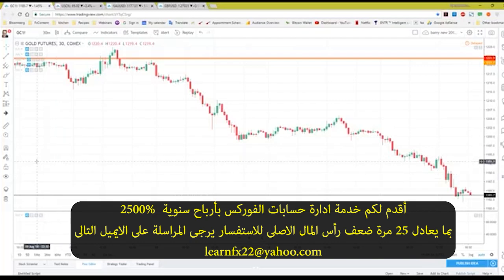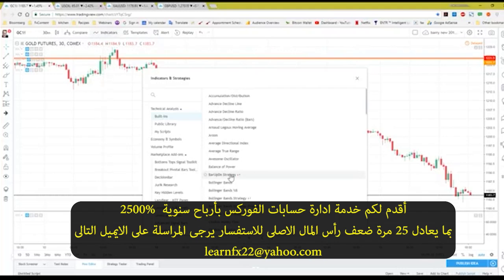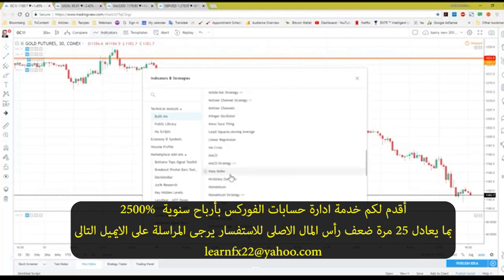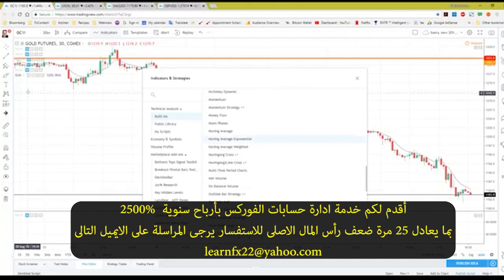So the first thing we do is we use a 12 period and a 26 period EMA. So an EMA is simply a weighted moving average, and we get these by just going down to our indicators, locate our moving average, and take our exponential moving average. Now, we're going to put two of these on our charts.